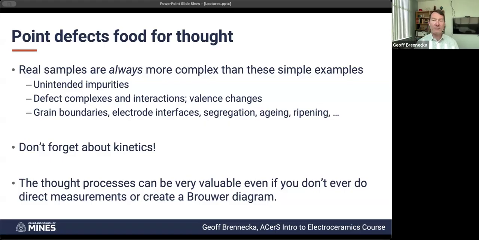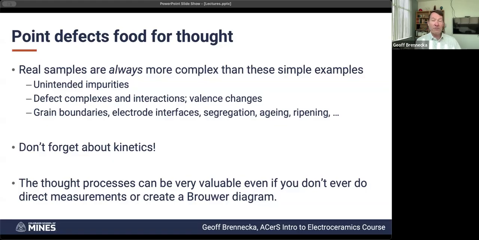You can go through these kinds of thought processes to identify, oh, well, I don't want oxygen vacancies because those are going to lead to electrons, or potentially lead to electrons. Therefore, I don't want to sinter in this low PO2 atmosphere because that will give me oxygen vacancies, and I don't want electrons conducting.